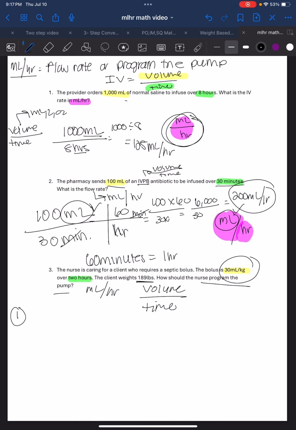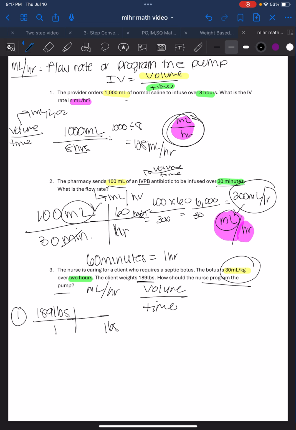We start with the weight: 189 pounds over 1. We're trying to get to kilograms, so we put pounds on the bottom to cancel out pounds. We know 2.2 pounds equals 1 kilogram, so 2.2 goes down here and kilogram goes on top. Now we need to get kilograms to mLs.